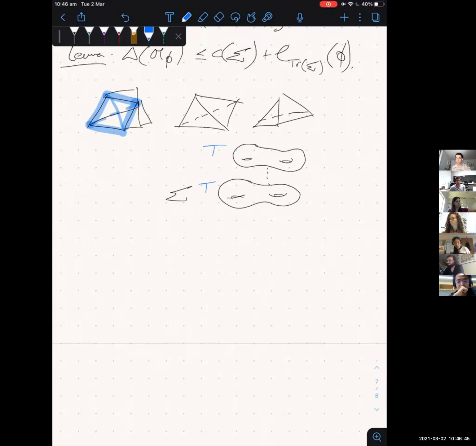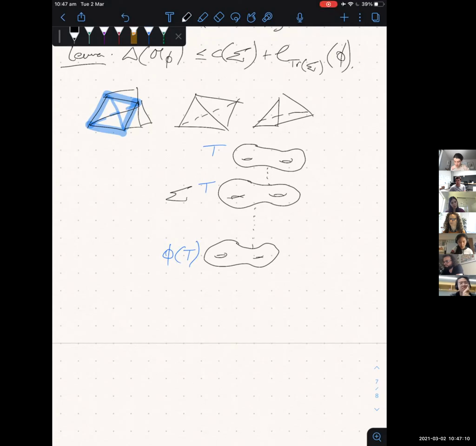And then we're going to triangulate the surface cross interval so that we get phi of our triangulation on the boundary down the bottom.